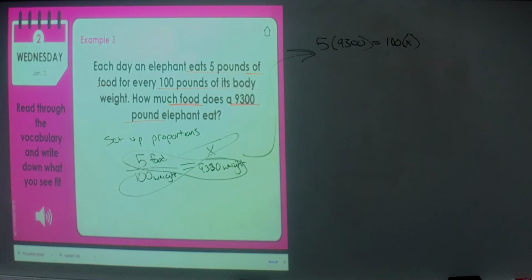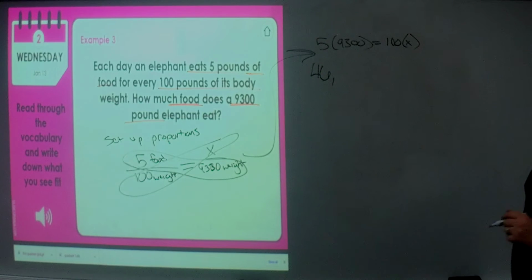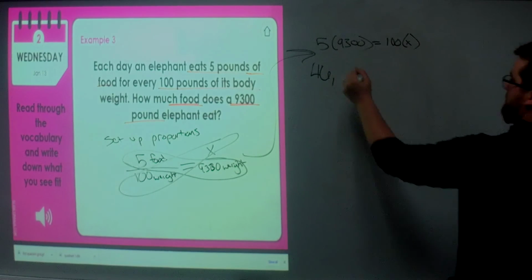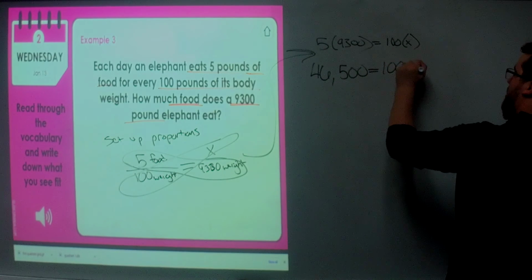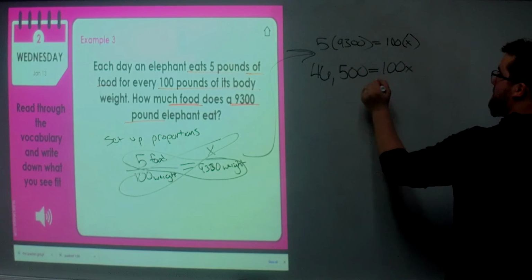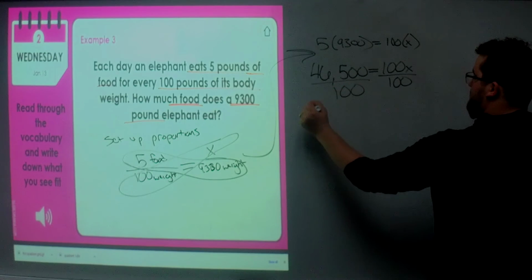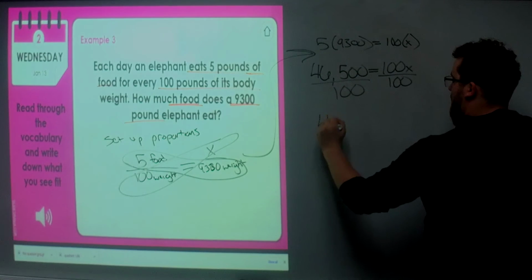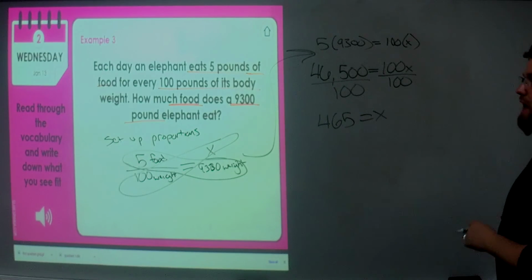So we get 46,500 equals 100x. So there's my cross multiply. Now divide. 465 equals x. So I found x.